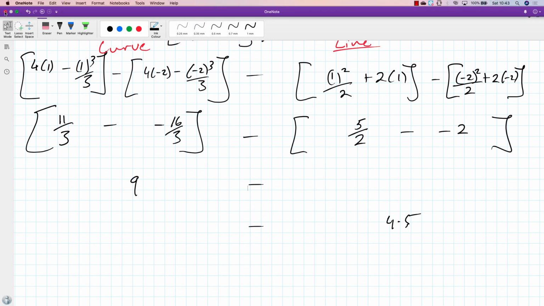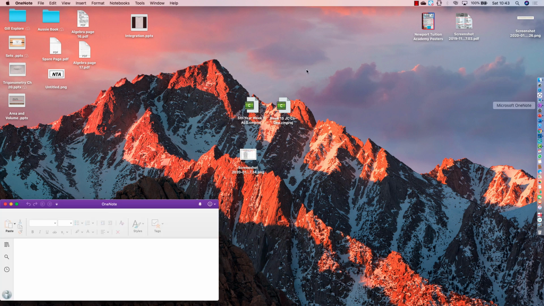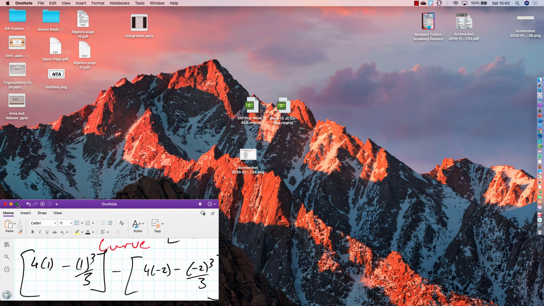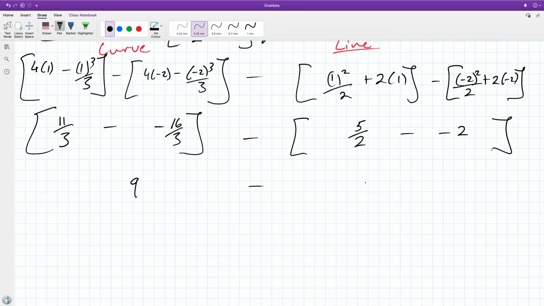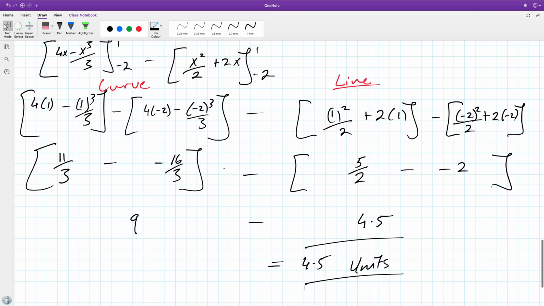Happens again. And then 9 minus 4.5 is equal to 4.5 units. Just a calculator mistake, was it? Alright, simple mistake to make.